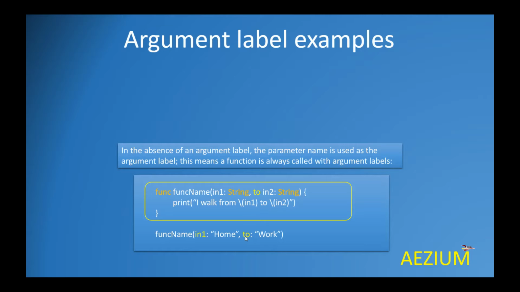So again, I repeat, if the argument labels are present, we have to use them. If they're not present, Swift will treat the parameter name as being an argument label, and then we use the parameter name in our function call as if that was an argument label.